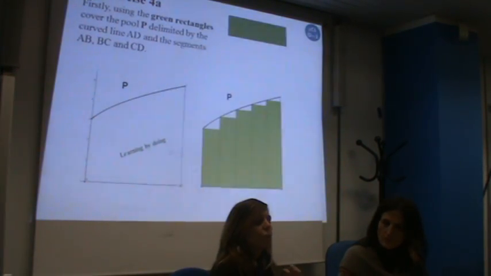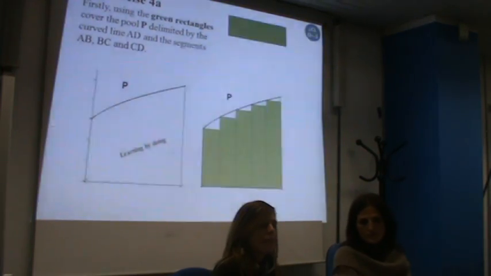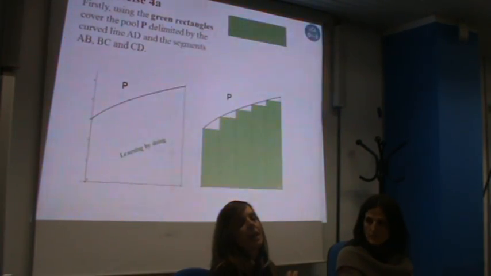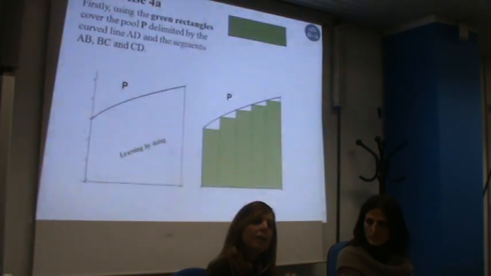They have to cover the space of the pool, so that they can observe that when they use the yellow or the green ones, they have an approximation by defect.